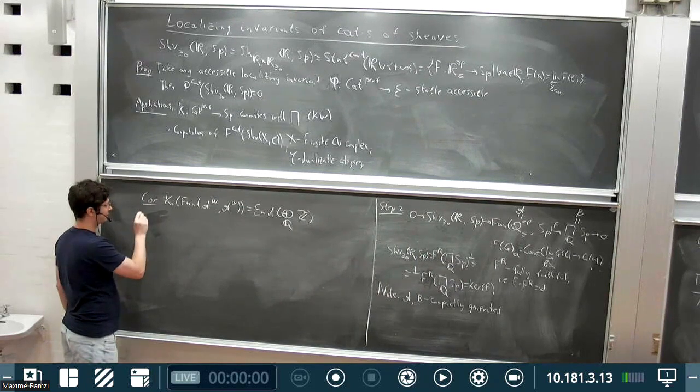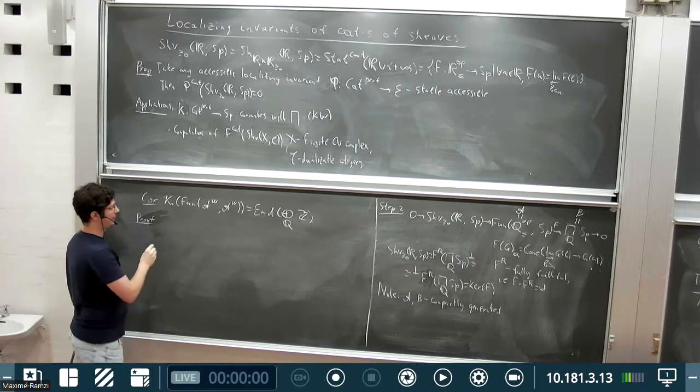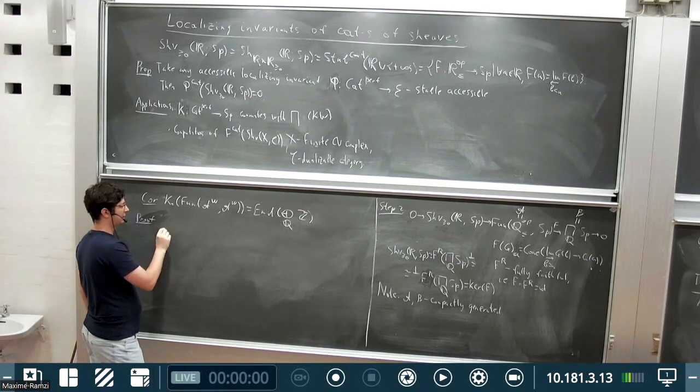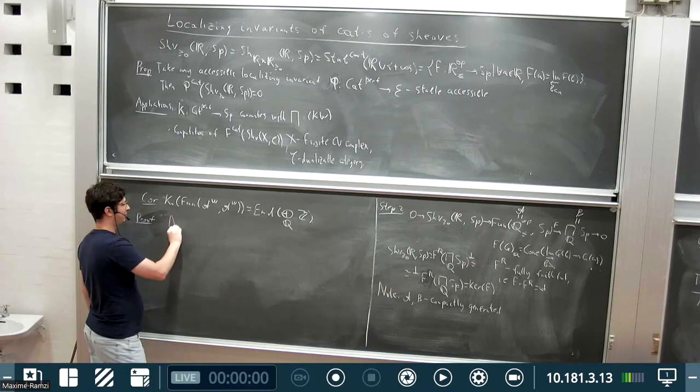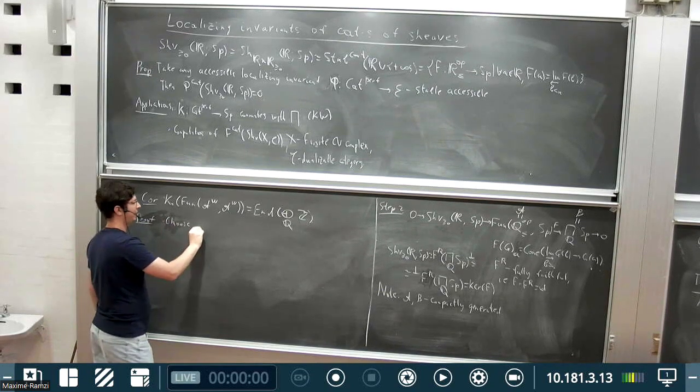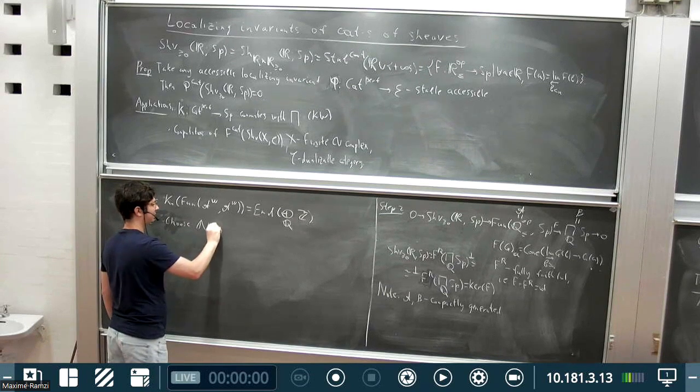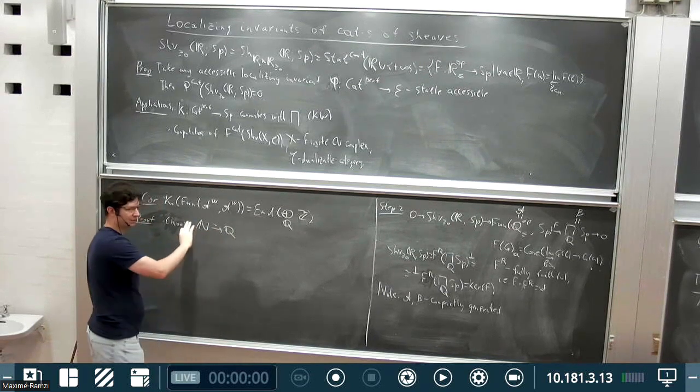Okay, so the way to see this is you first choose some numbering of rational numbers. Choose a bijection between natural numbers and rational numbers as sets.